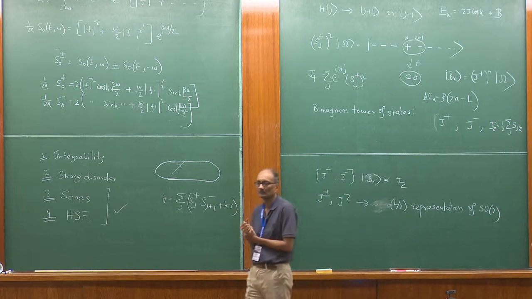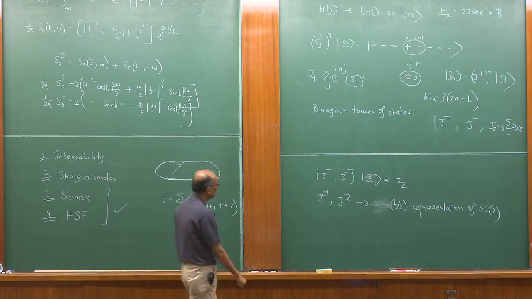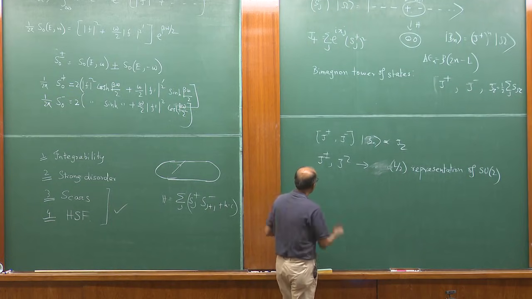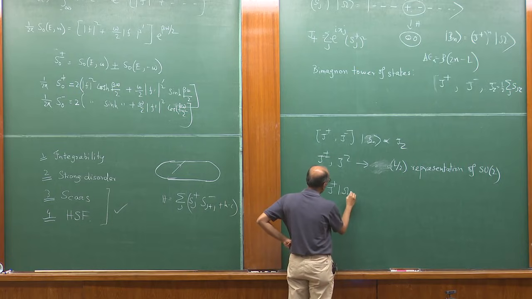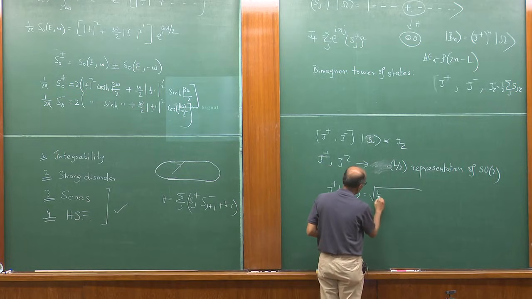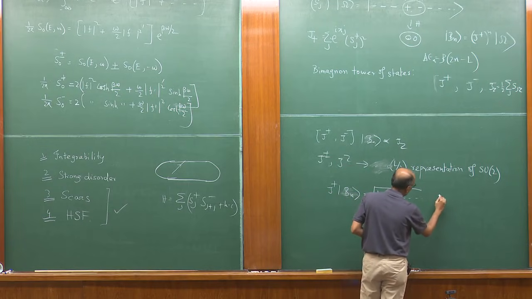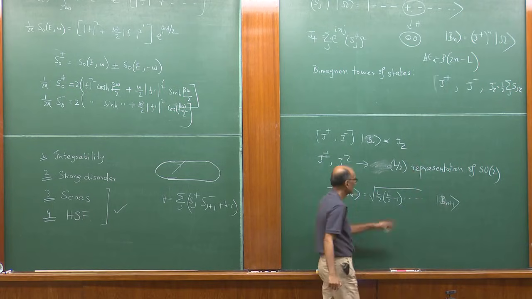Interestingly, what that means is that J plus acting on any state Bn is going to take it to the state n plus 1, and there are factors of n here.